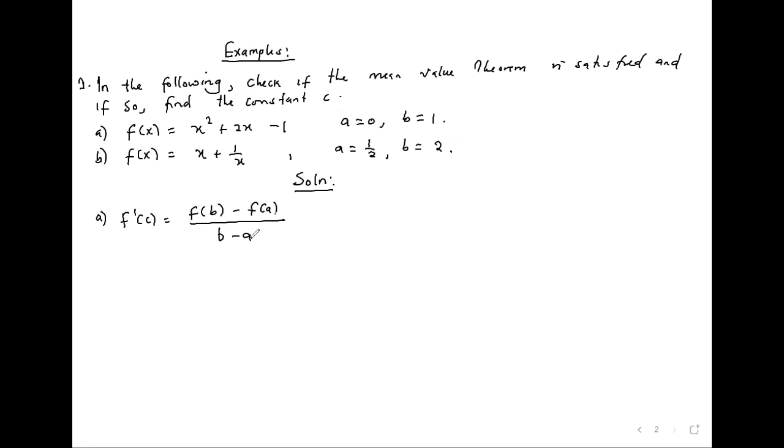We check f of a, which is f of 0, which is negative 1. f of b, f of 1, which is 1 plus 2 minus 1, which is 2.